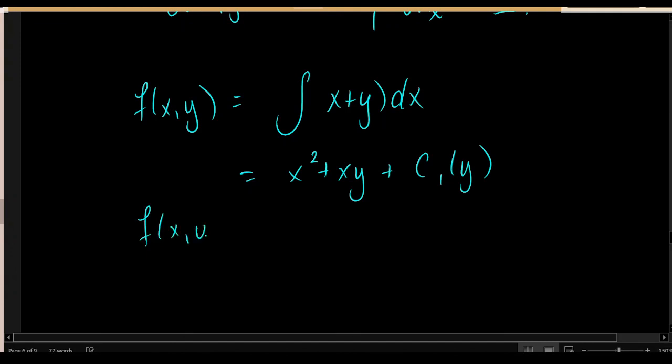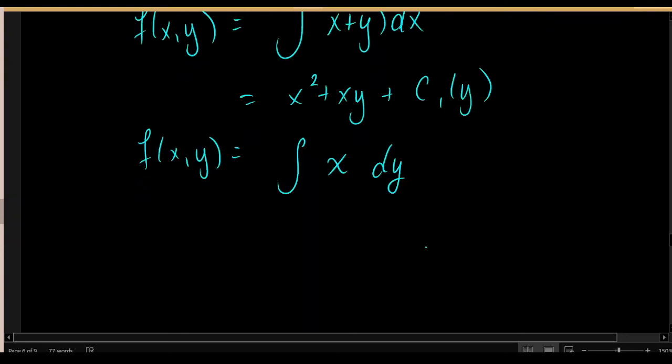Another representation of that same function could be found by integrating the N with respect to y. And that would be given by xy plus some term containing constants and x's.